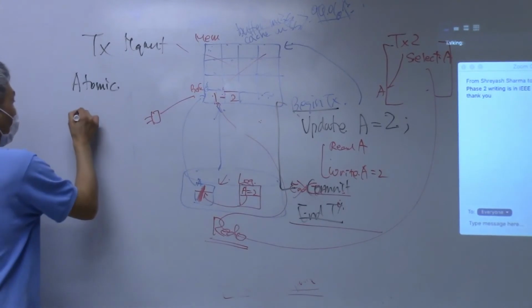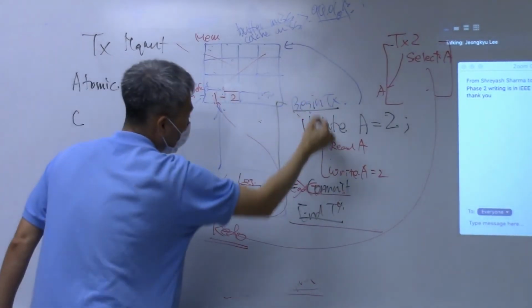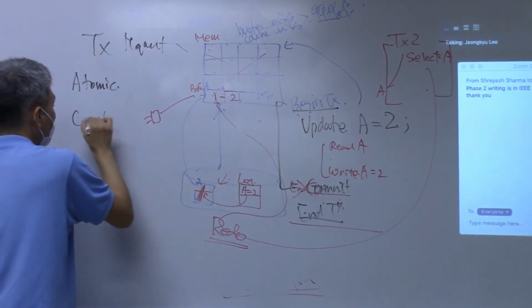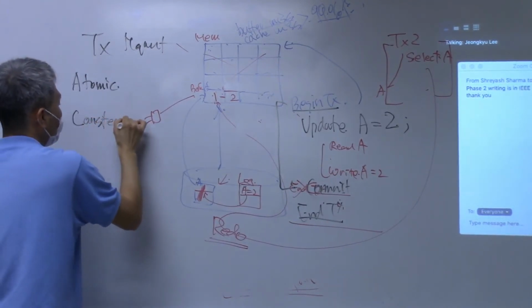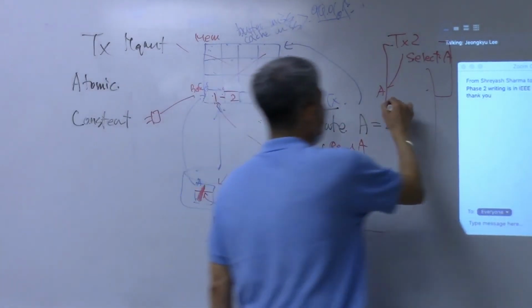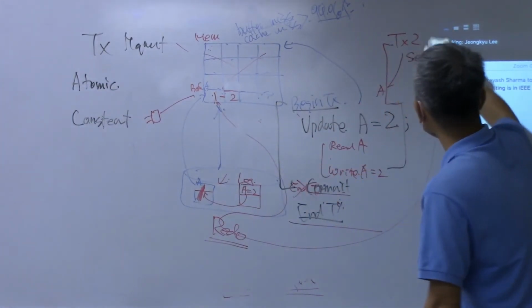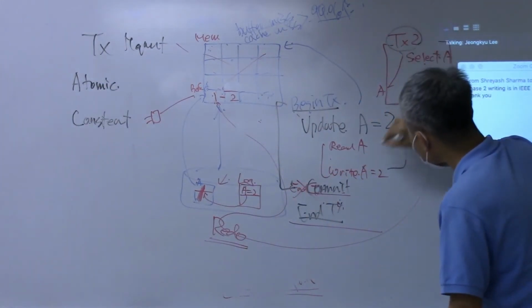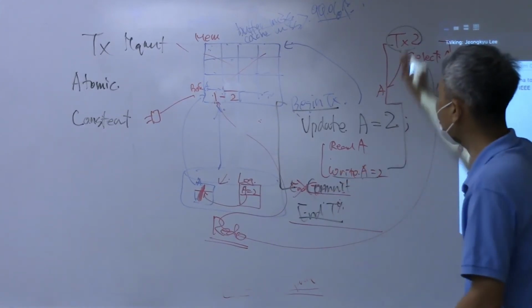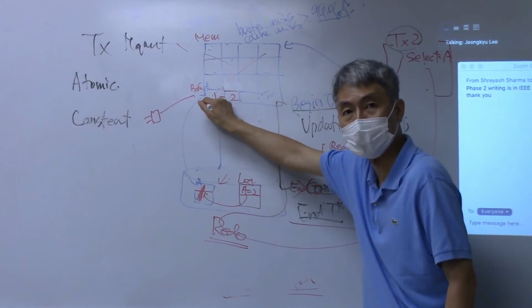Then also, a database transaction is consistent. When you see the transaction, transaction 2 cannot see the update until commit. Only the before image you can see.